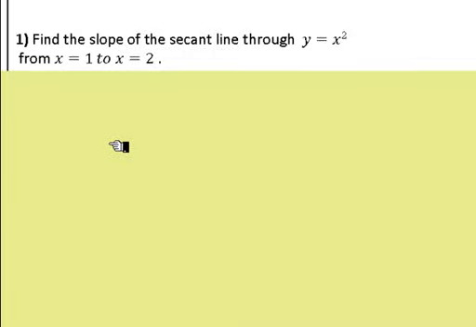In number 1, we want to find the slope of the secant line through y equal x squared from x equal 1 to x equal 2. All right, so if we write f of x is equal to x squared, when x equal 1, f of 1 is 1 squared.